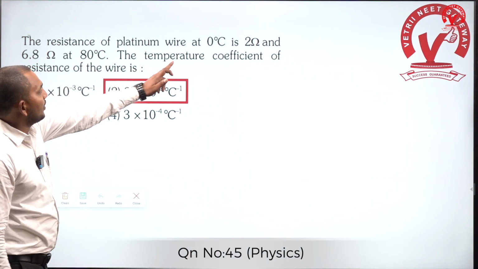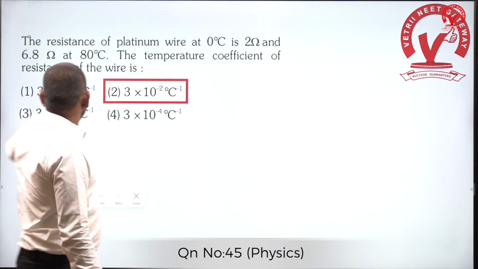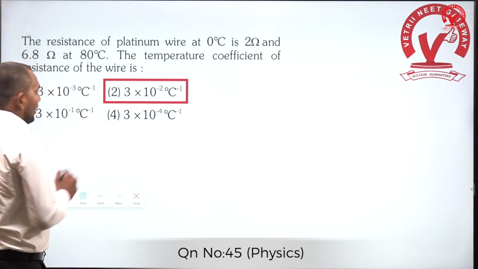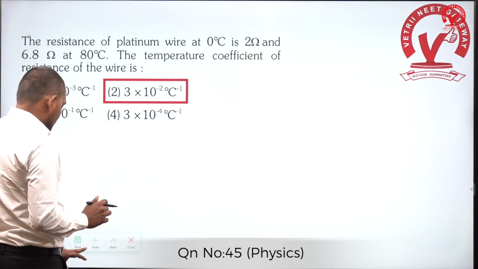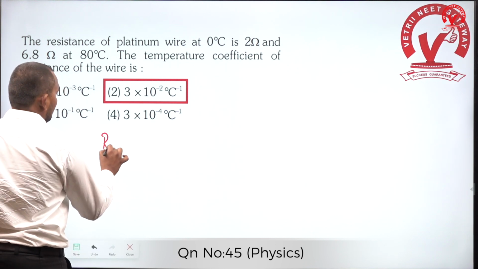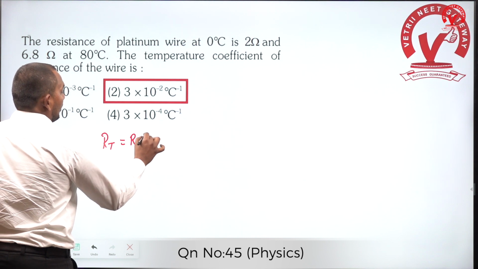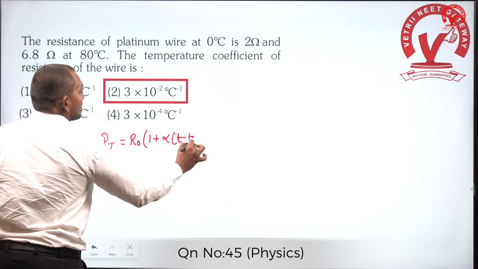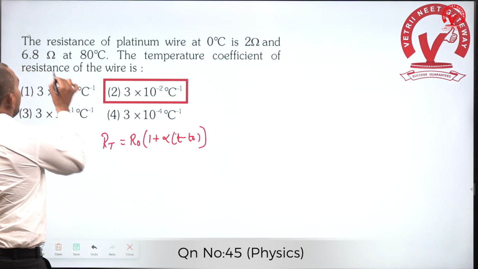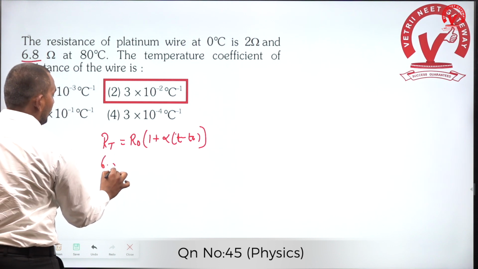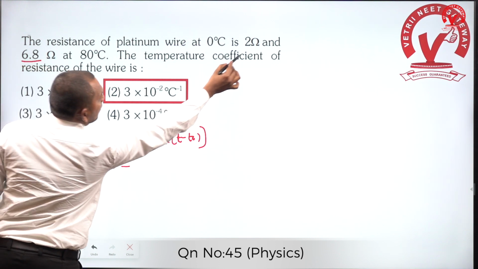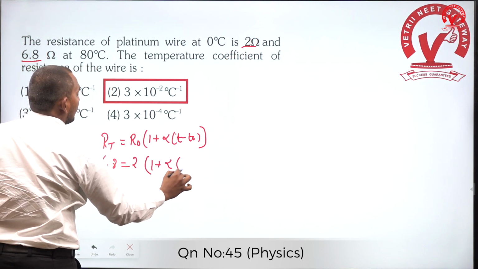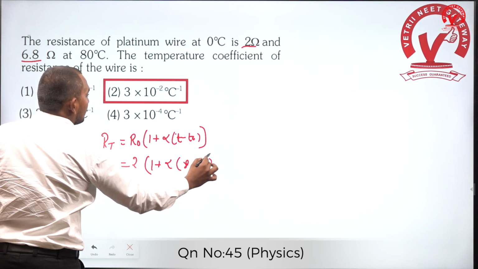The resistance of the platinum wire at 0 degrees is 2 ohms and 6.8 ohms at 80 degrees. They are asking to find out the temperature coefficient alpha. We know the basic formula, RT is equal to R naught into 1 plus alpha into (T minus T naught). So RT is 6.8, R naught is 2 ohms into 1 plus alpha into (80 minus 0).